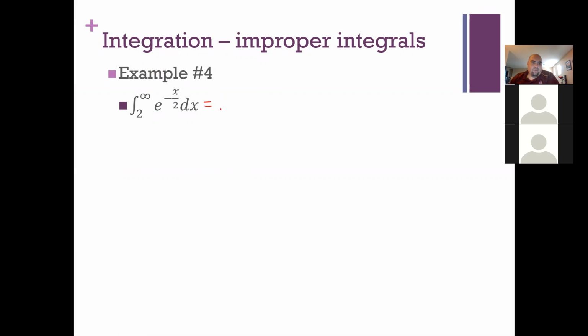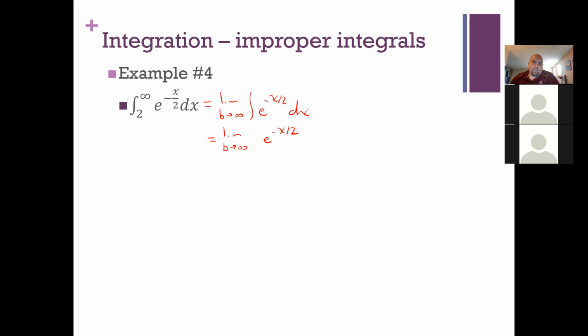Okay, so I'll put it in the limit operator. So what is the antiderivative of this function? Would it be e to the -x over 2?